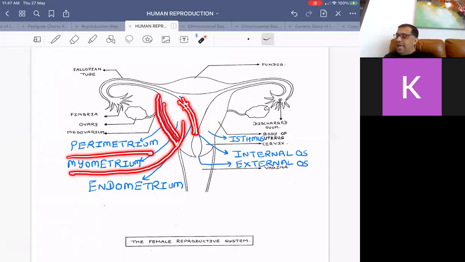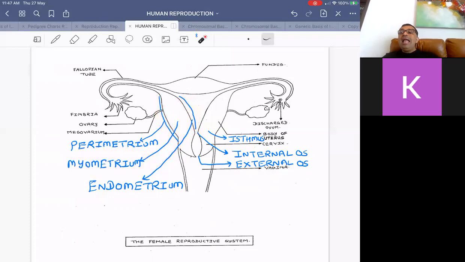Blood vessels होते हैं, uterine glands होते हैं, and mucus glands होते हैं. And that layer is called the endometrium.